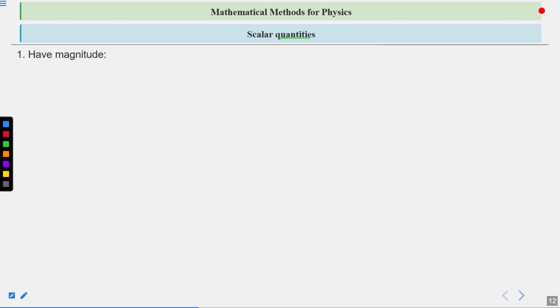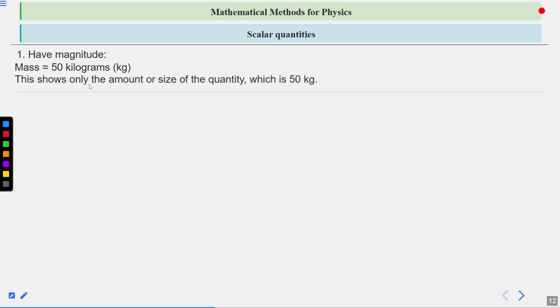Scalar quantities have magnitude. So look at here, mass is equal to 50 kilograms. The symbol of kilogram is kg. Kg is the unit of the mass. This shows only the amount or size of the quantity, which is 50 kg. Just a number. Yes or no?